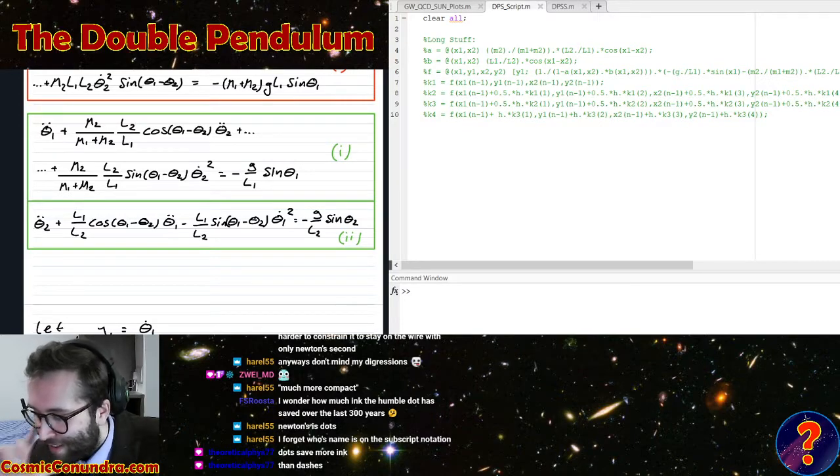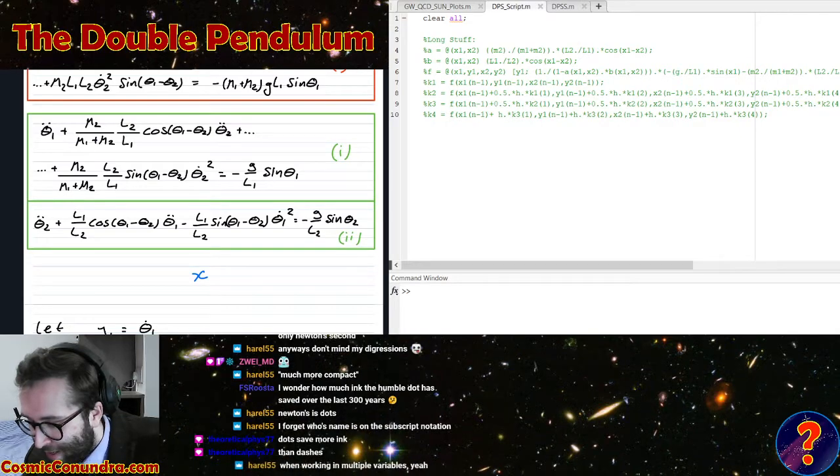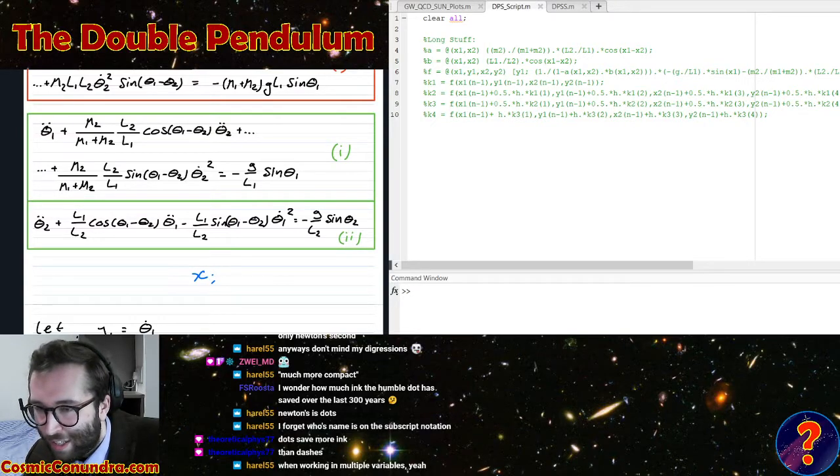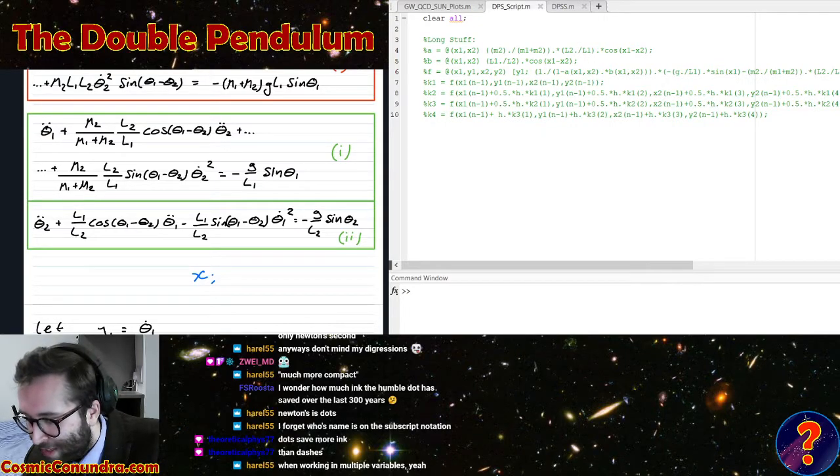Well, there's the GR kind of notation, where if you want to write the partial derivative of x with respect to, I don't know, y or something, you could write, like, comma y. And then if you're taking a covariant derivative, it's like colon, and then the index you're taking it with respect to.